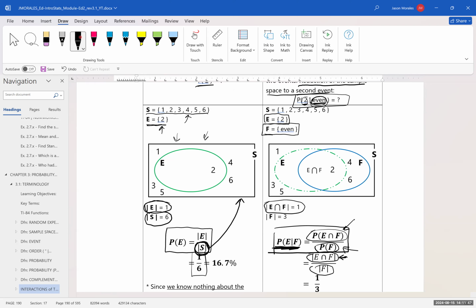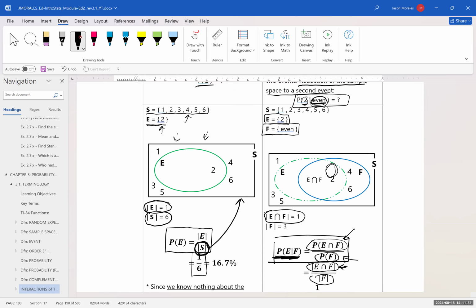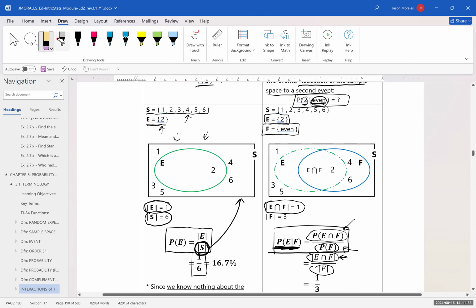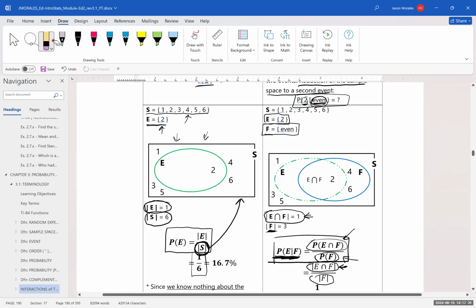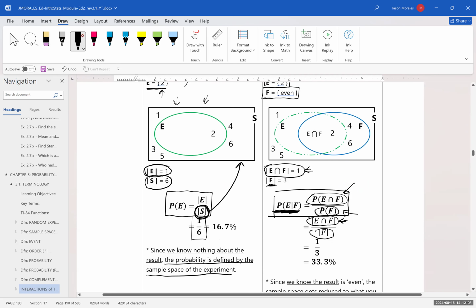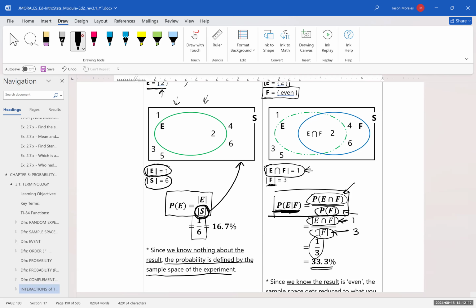We have one element. E intersect F only has 2 in it. So that's where E intersect F equaling 1 comes from. And event F has 3 elements in it. So the order of F is equal to 3, which gives us a fraction of 1/3, or 33.3%.